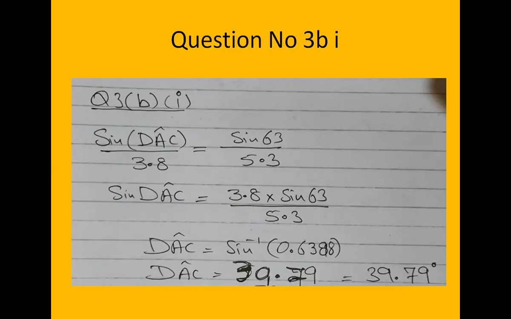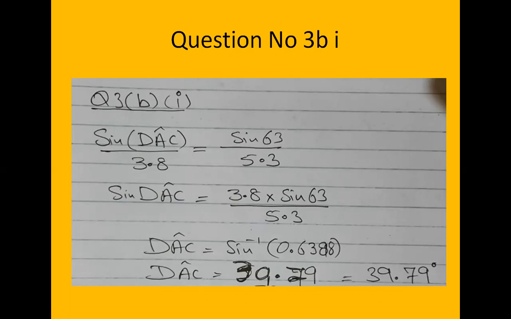So in your calculator, you will write 3.8 multiply sine 63 equals, divided by 5.3 equals, and you will get 0.6388. Then shift sine, answer equals, and automatically your calculator will take the sine inverse of 0.6388, and the answer you will get is 39.79.